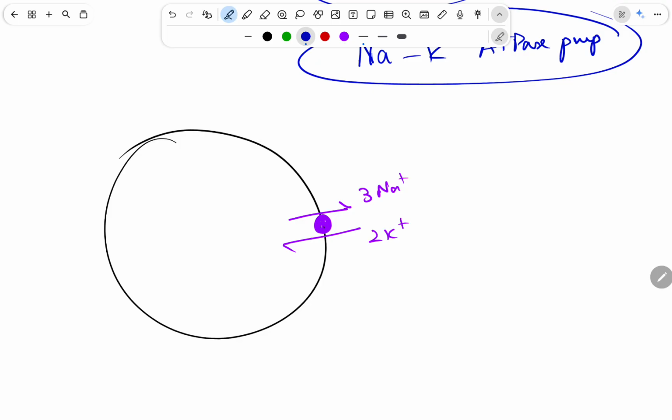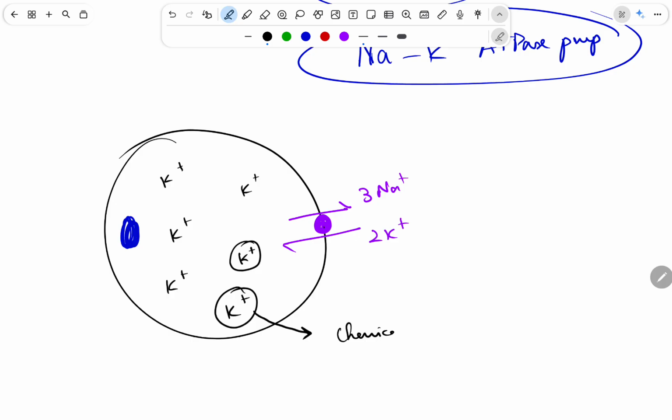So initially what is there? There is high chemical gradient of potassium inside, right? Because of the Nernst potential, there is high chemical gradient. So this will move out because of the chemical gradient till the chemical gradient becomes equal to electrical.